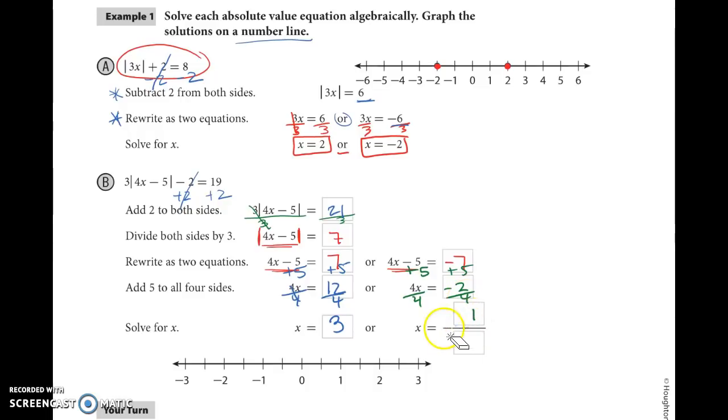They already accounted for the negative right here, so I'll write negative 1 over 2. So let's plot this. A negative 1/2 is here, or x can equal 3, and that's here. So again, these are the two values that make this statement true.